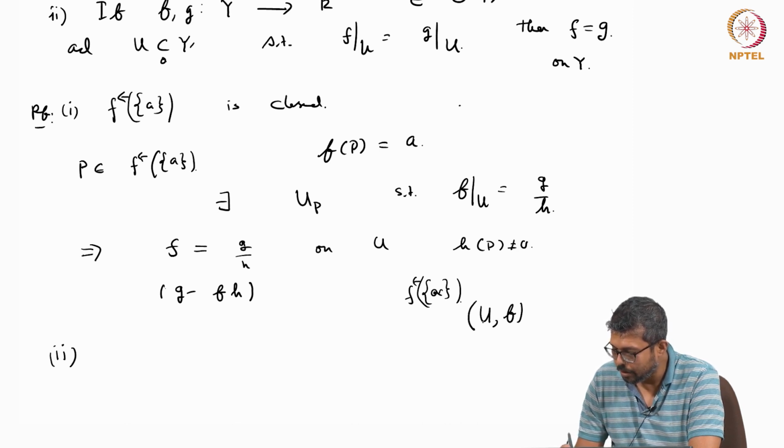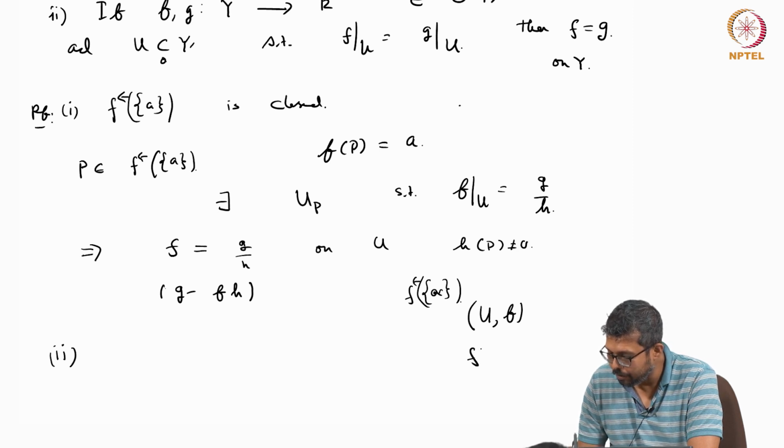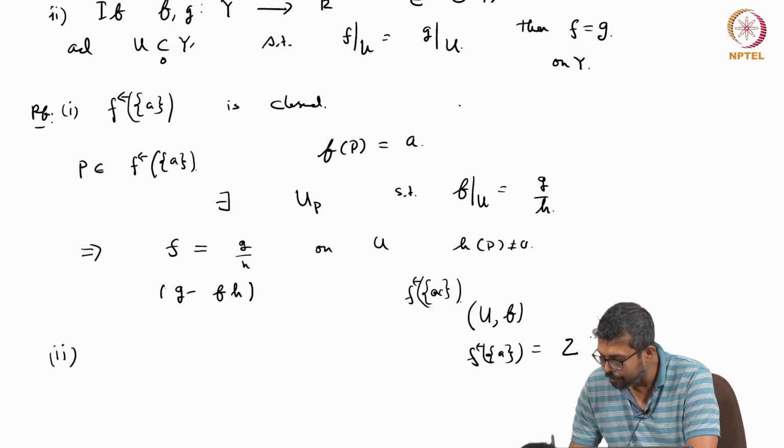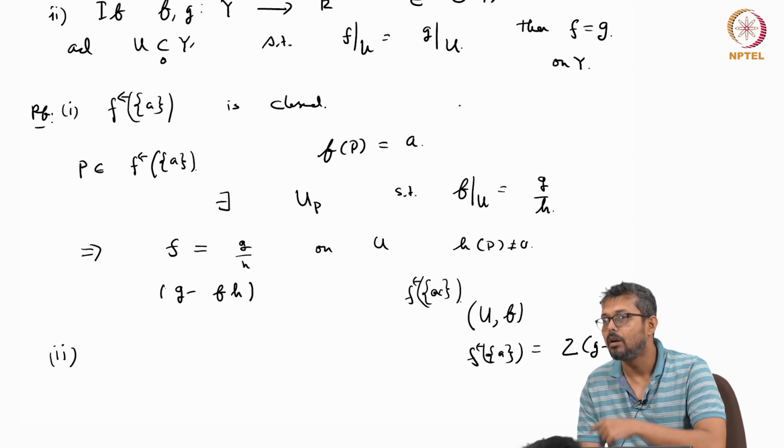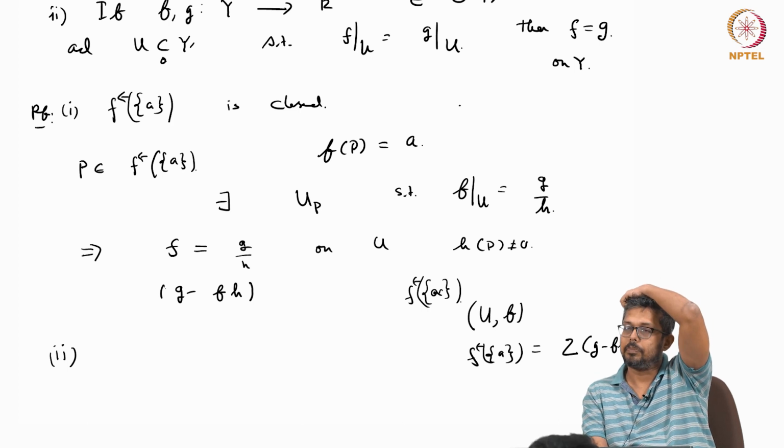You take the regular function f on U, and then f inverse of A is nothing but the zero set of g minus A h.